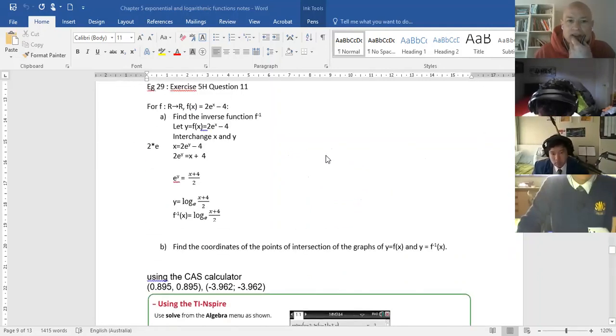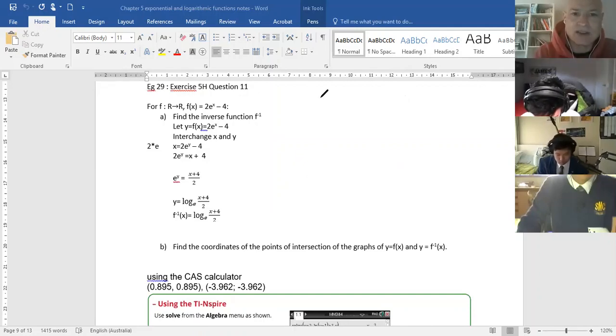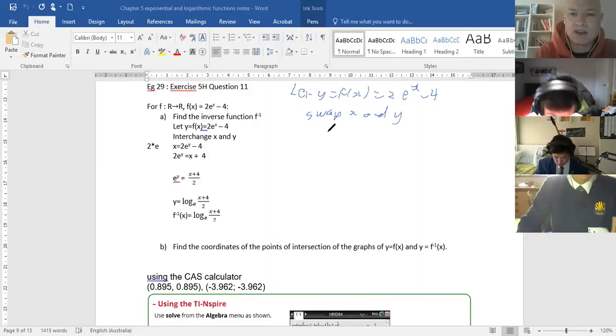Example 29, this is question 11 from your book, and it says f of x equals 2 e to the power of x minus 4. Find the inverse. Right, I'll do it all again, even though it's done there. Let y equals f of x, which equals 2 e to the power of x minus 4. Swap x and y. We always must say this. So x equals 2 e to the y minus 4.